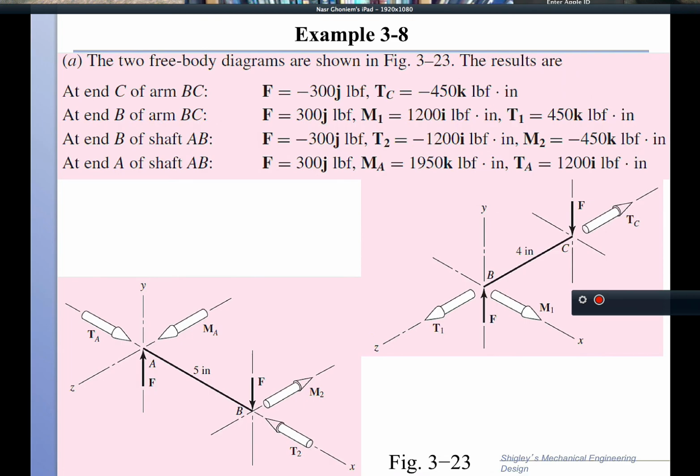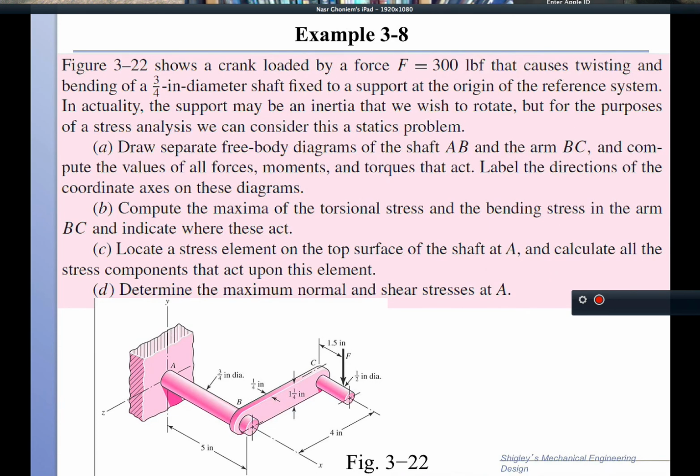So if you look back here, the force F, we can transfer it to point C here, but when we transfer it, the equivalent system will have to be the force itself plus the moment that is caused by the force, which is F times the distance of the transfer.